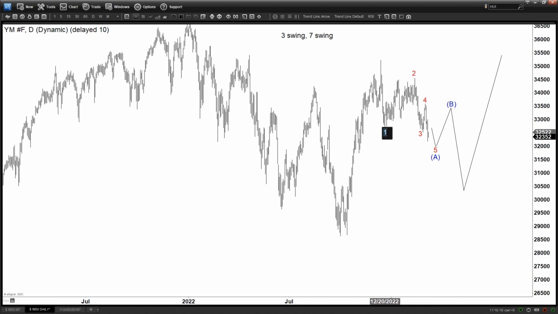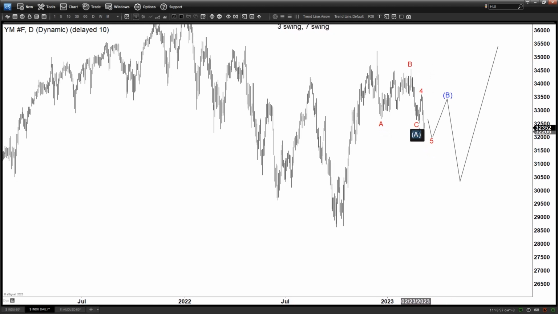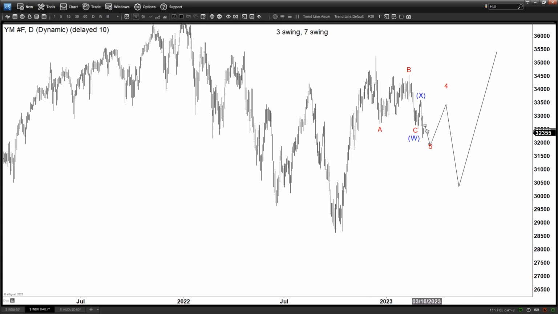Another option will be something like this. Instead of 1 2 3 4 5, we can have an A B C W X. Now what's the difference? Not really a lot. We're going to continue to see more downside anyway, but the rally, if there is any rally in the WXY, is going to be a lot shorter.